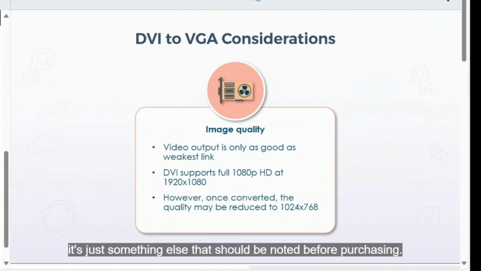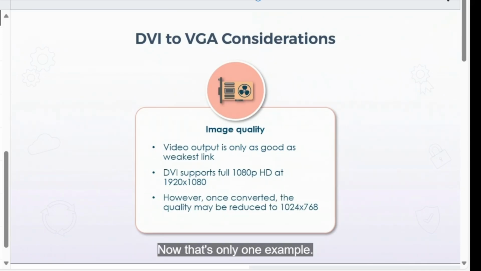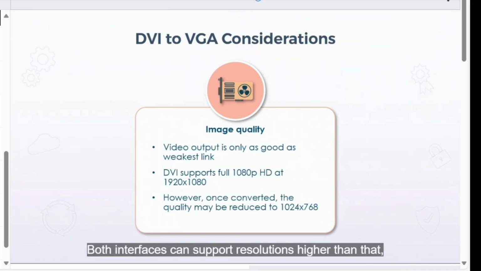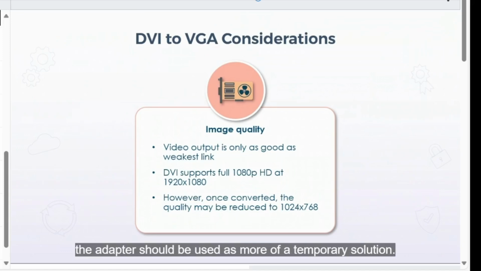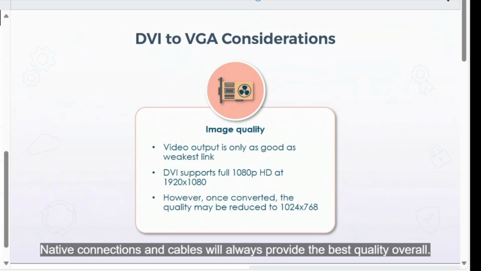So again, it's just something else that should be noted before purchasing. Now that's only one example. Both interfaces can support resolutions higher than that, but in most cases, the conversion process itself results in a lower quality image. So ideally, in this case at least, the adapter should be used as more of a temporary solution. Native connections and cables will always provide the best quality overall.